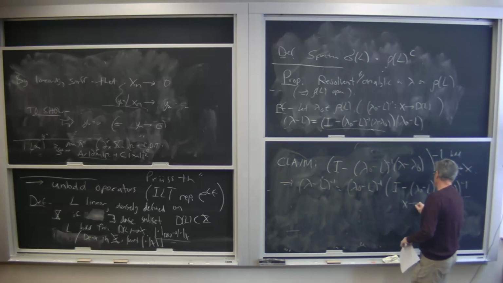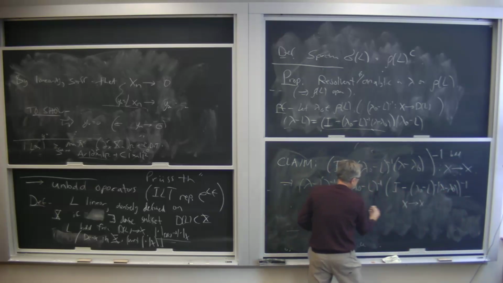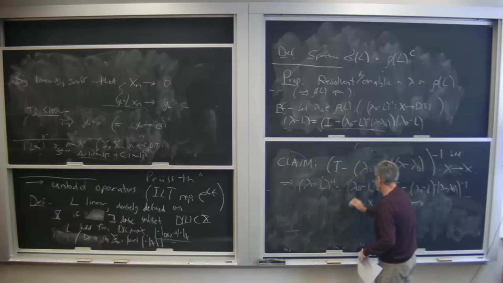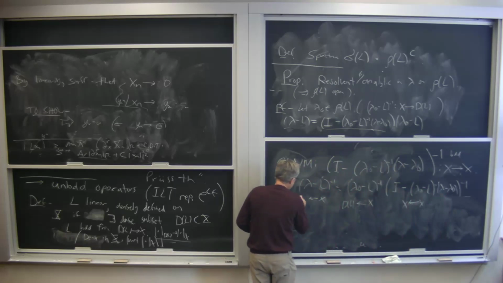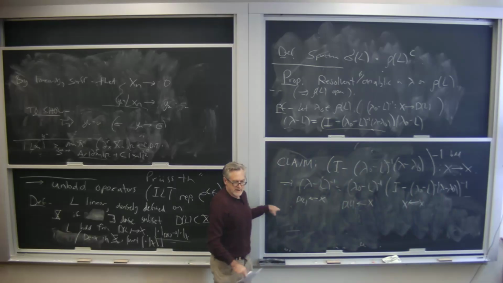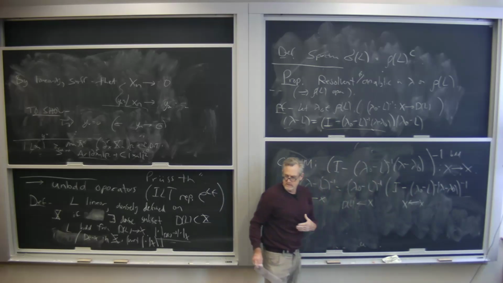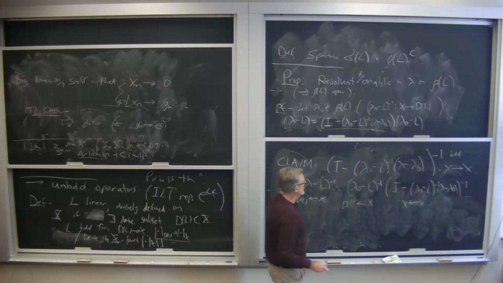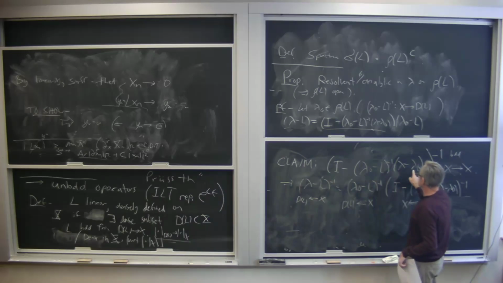And this part is bounded from X to X, and this part is bounded from X to D of L. So this will be bounded from X to D of L. And I'm writing the arrows backwards to show the flow of the operator. So that will be enough. But now I notice that this operator is even nicer than I need it to be.